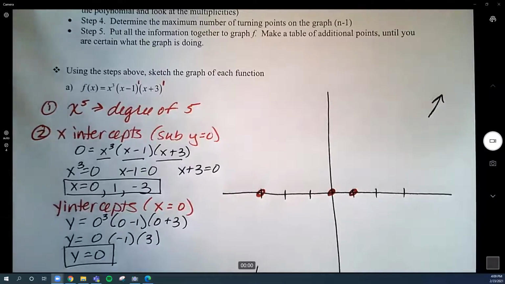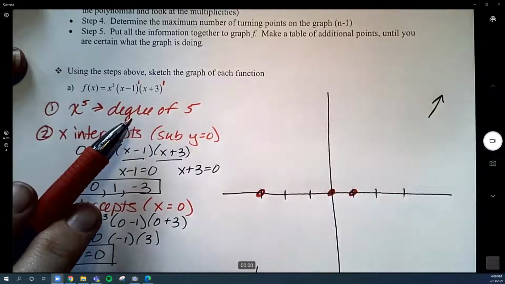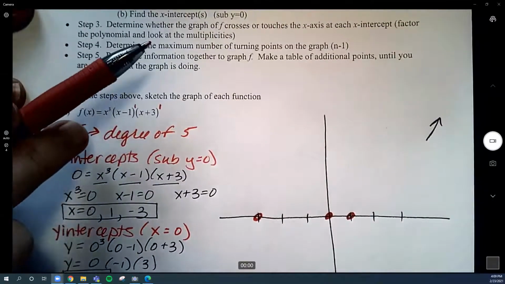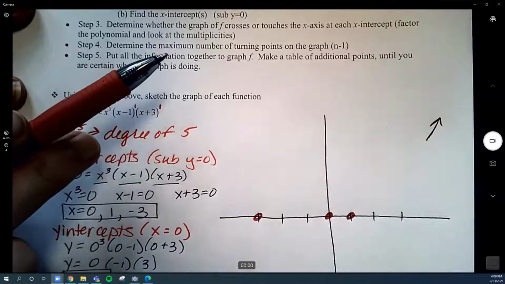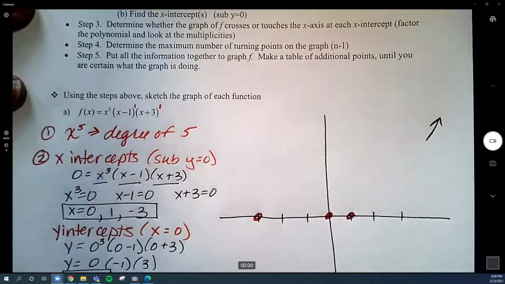All right, now that we have found the degree, which indicates the end behavior, we have also found the intercepts. The next step is to determine whether the graph of f crosses or touches the x-axis at each of those intercepts.